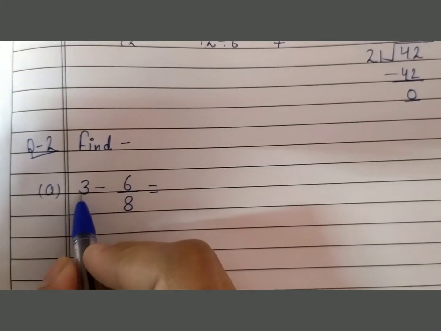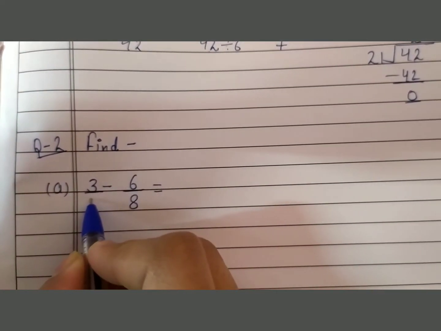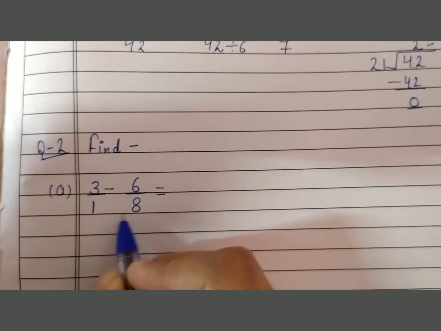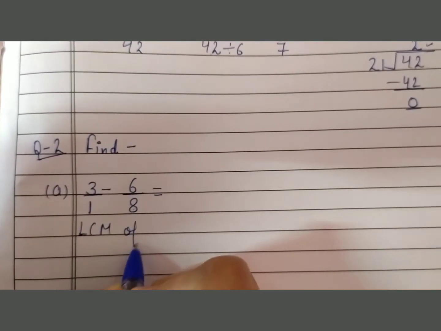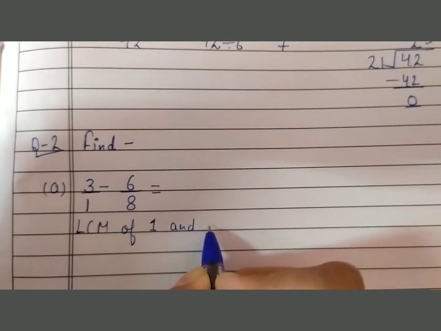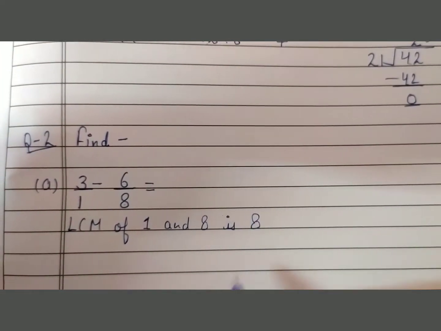Children, 3 upon 1 minus 6 upon 8. Find out the LCM of 1 and 8. LCM of 1 and 8 is 8.